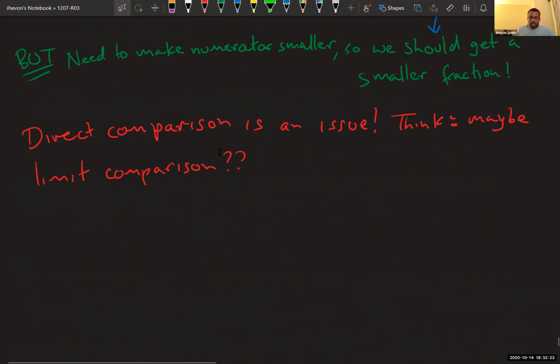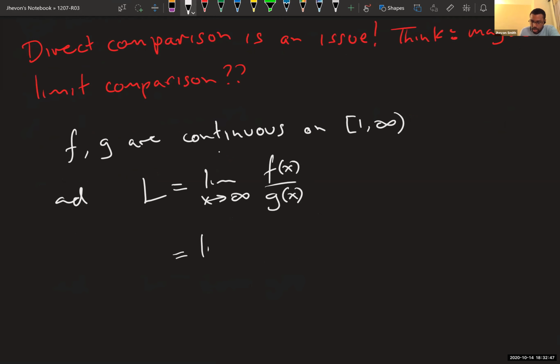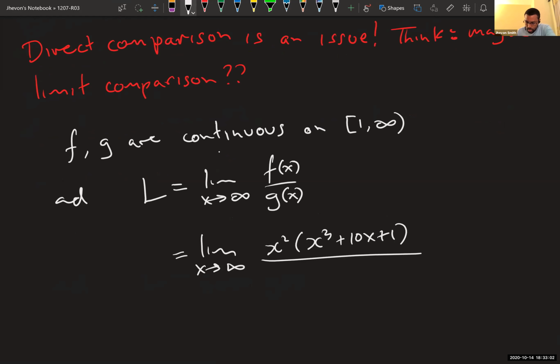What about the limit requirement? So f and g are continuous on 1 to infinity. And if I take L equals the limit as x approaches infinity of f of x over g of x, this is going to be the limit as x approaches infinity of x squared times the original, which I believe was x cubed plus 10x plus 1 over x to the 5th plus 2x plus 1.